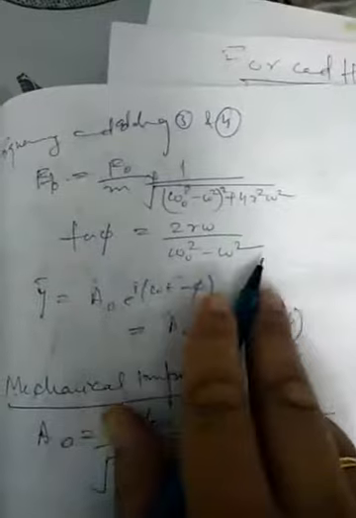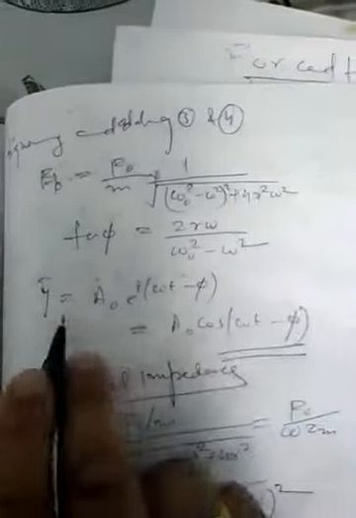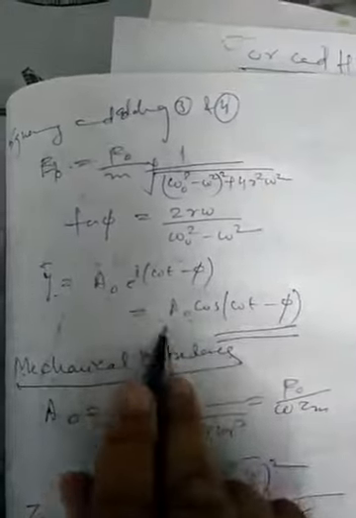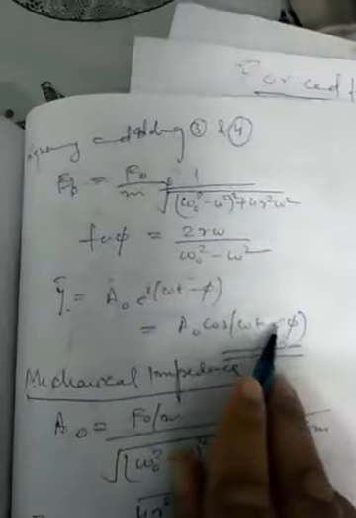Then we are going to solve this factor. So that factor comes out to be this one, f naught by m into 1 upon this one, and when you divide that, you will get this value, 2 gamma omega naught square minus omega square. So that means we can get the value of y is equal to a naught e raised to eta omega t minus phi, that is a naught cos of omega t minus phi.